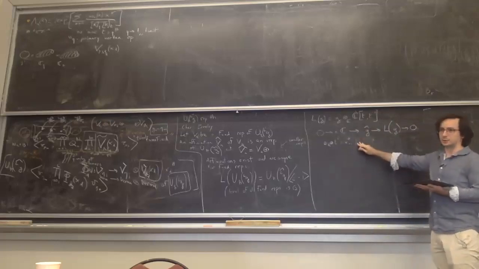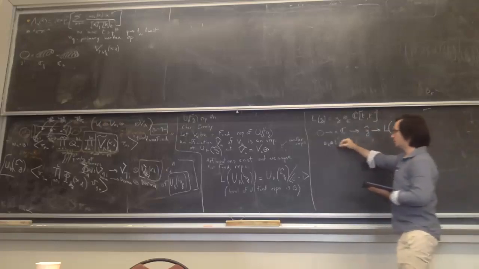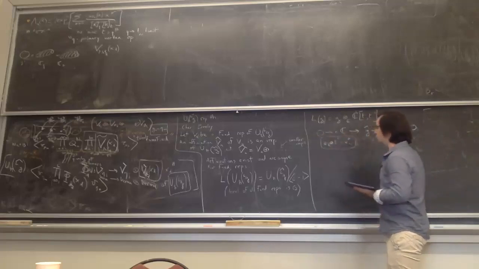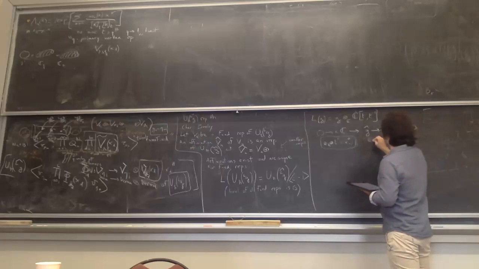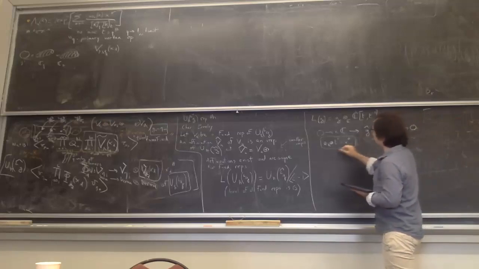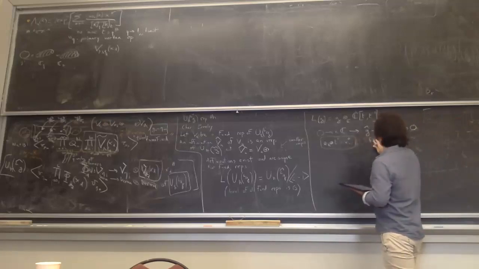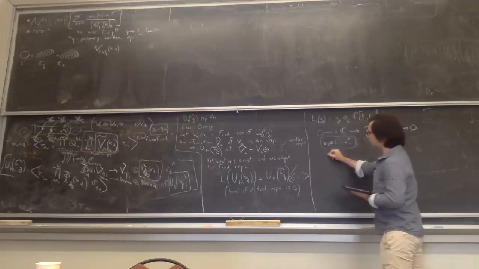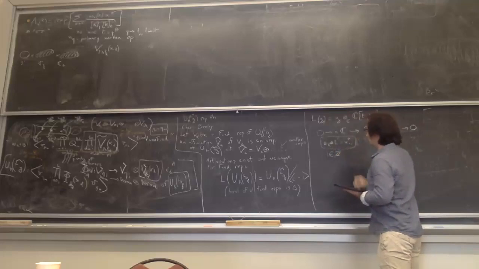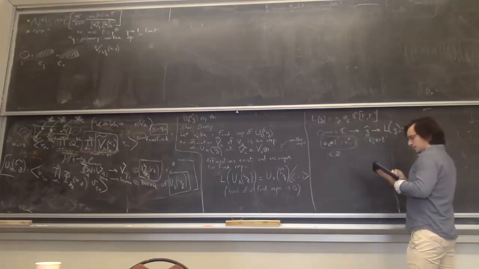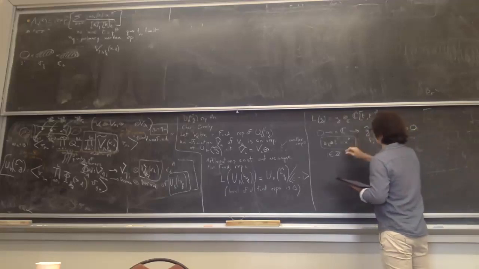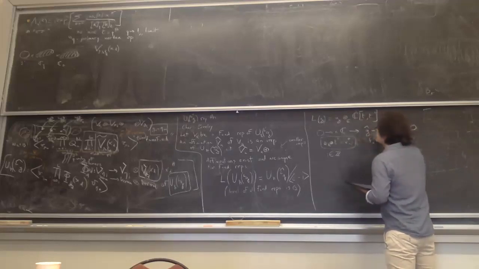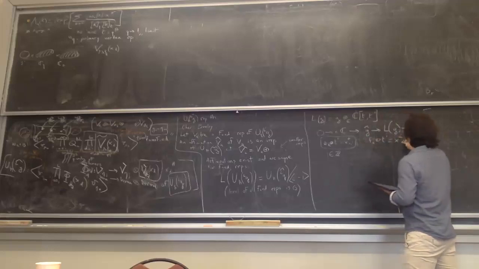This is Drinfeld's second realization of quantum affine algebras. If I have a lowering operator in the finite case, tensoring it with T^i, where i is in Z, I will write as X minus.